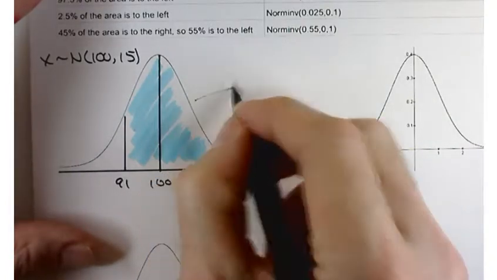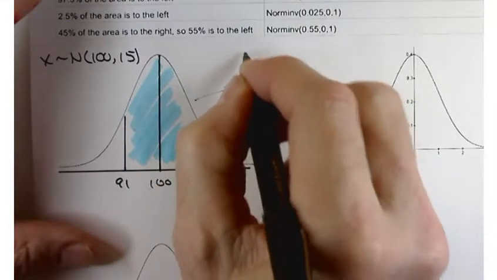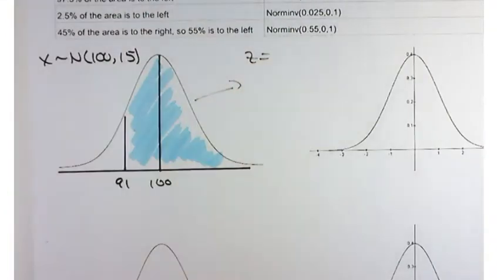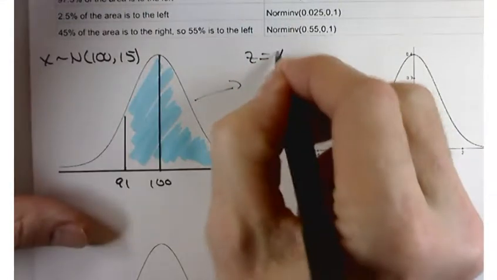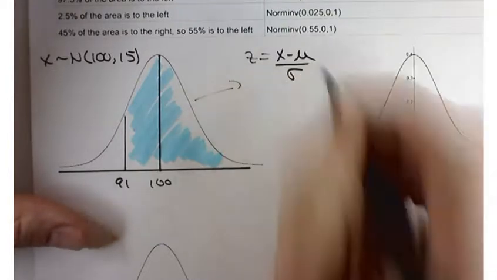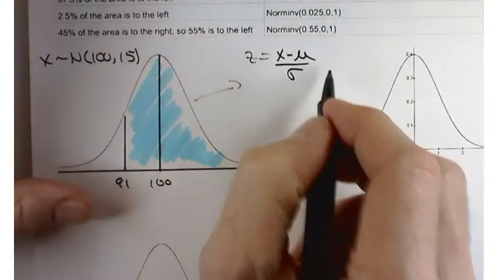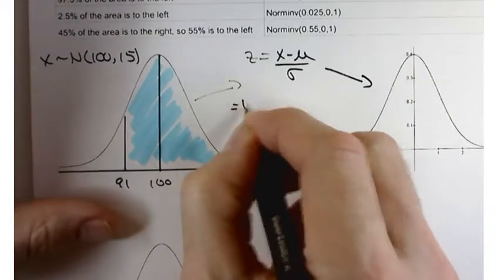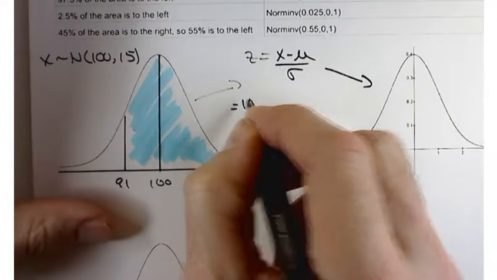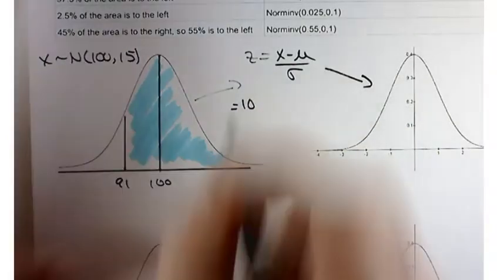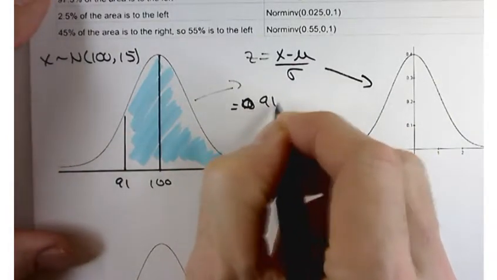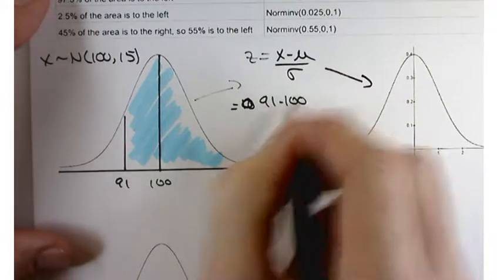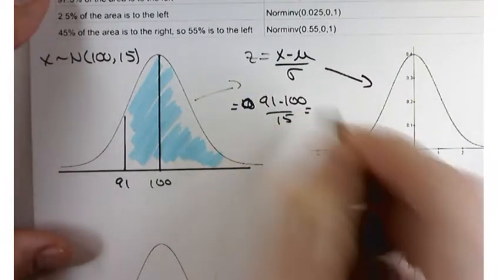So how do you get your z-score? Your z-score is going to be x minus mu divided by sigma. So let's see what happens when we calculate that z-score. For us, it's going to be 91 minus 100 divided by 15.